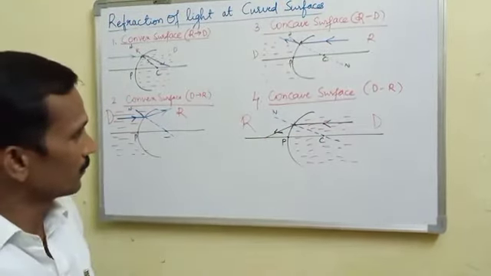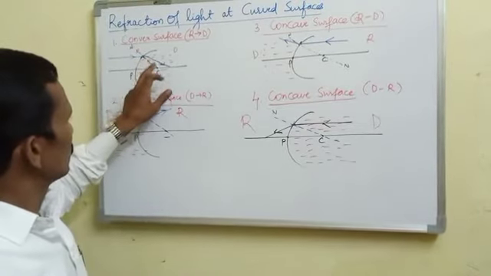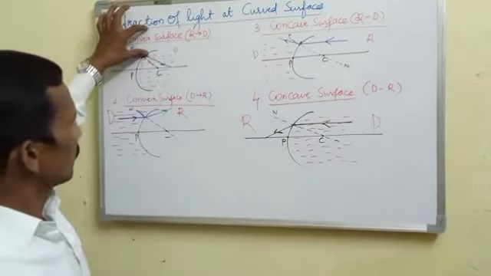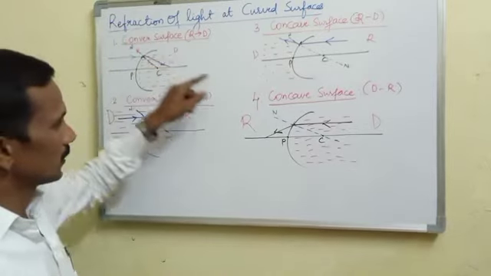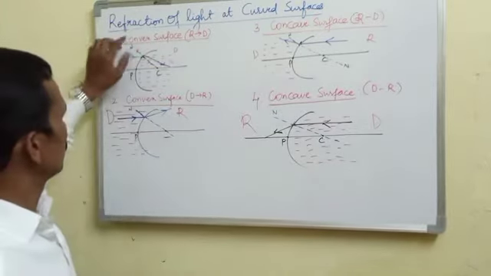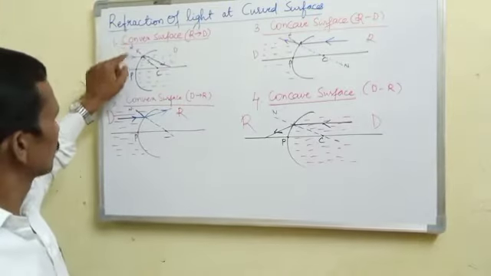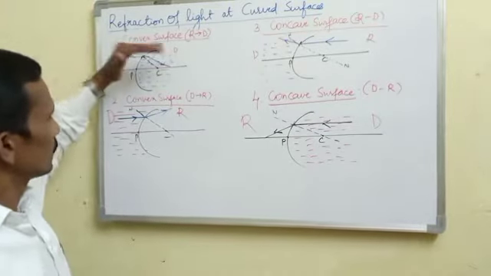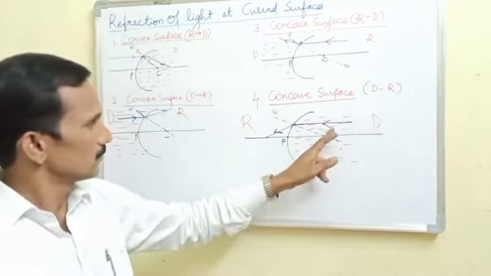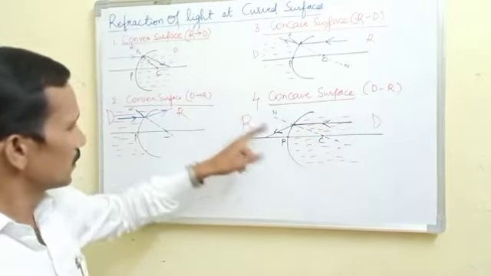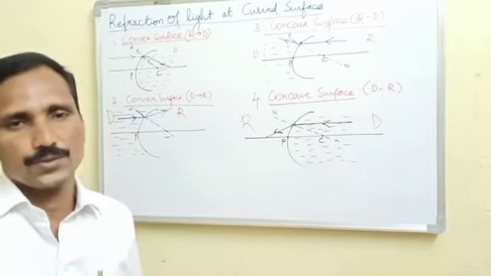If you observe, in these two cases, it is a convex surface. Sorry, it is a convex surface striking from rarer to denser, and a concave surface striking from denser to rarer. In both cases, the light ray converged.